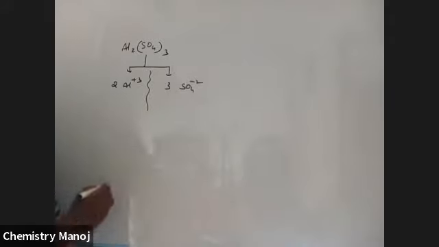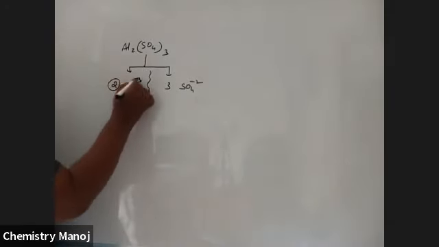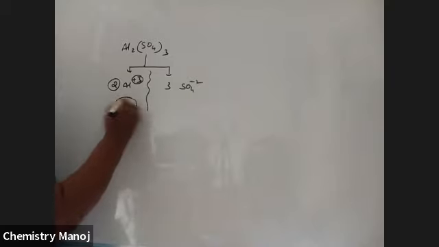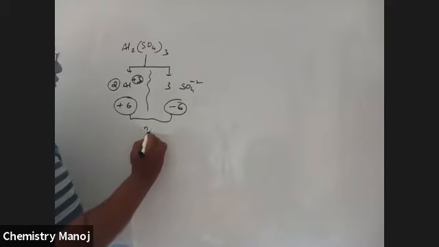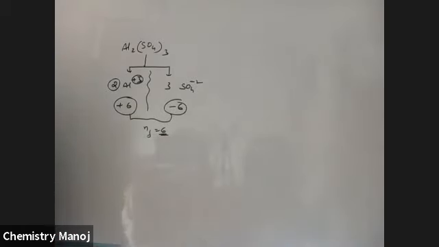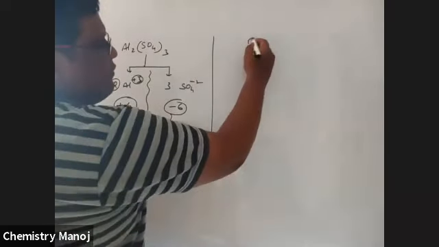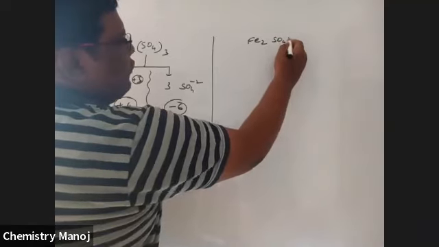This Al2(SO4)3 breaks down into 2 Al plus 3 ions and 3 SO4 minus 2 ions. 2 into plus 3 is plus 6, the total charge. 3 into minus 2 is minus 6, the total charge. Therefore, N factor is equal to 6, not 3. Clear or not? Next, tell me, what is the N factor for Fe2(SO4)3?